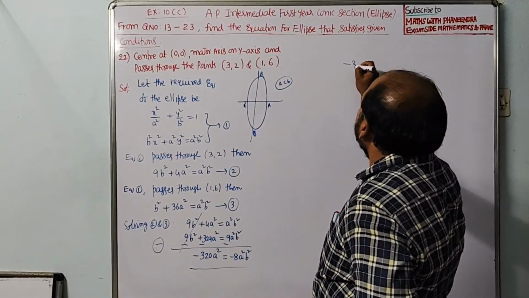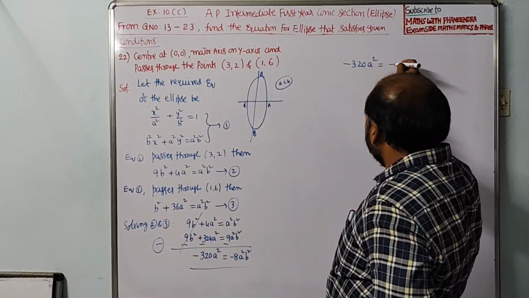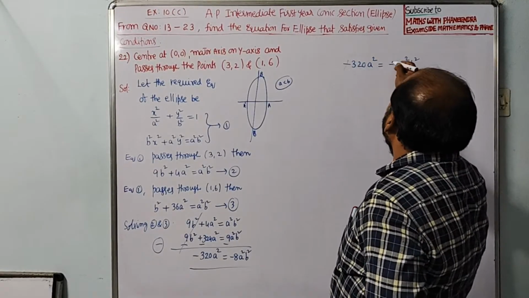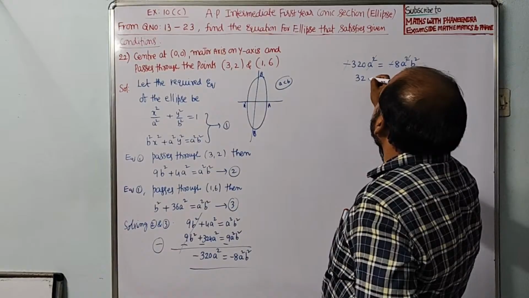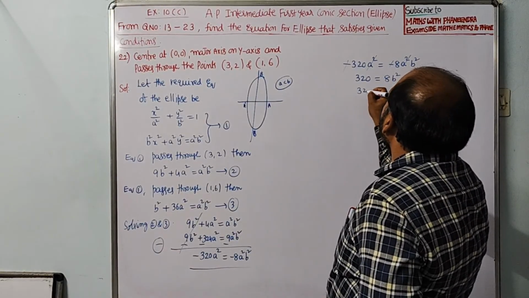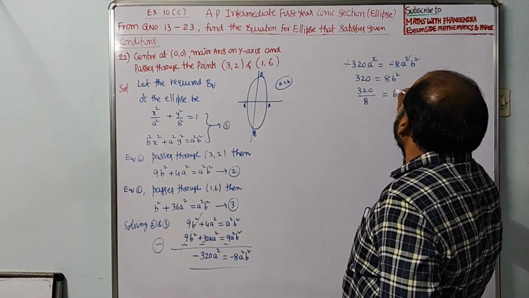So minus 320a square is equal to minus 8a square b square. So 320 is equal to 8b square. So 320 by 8 is equal to b square.